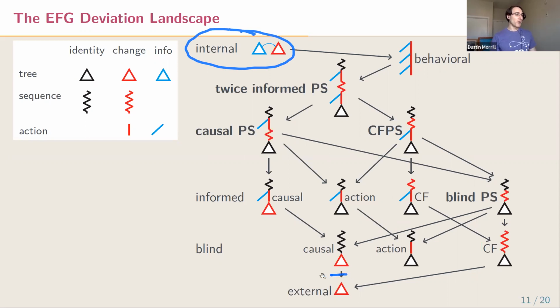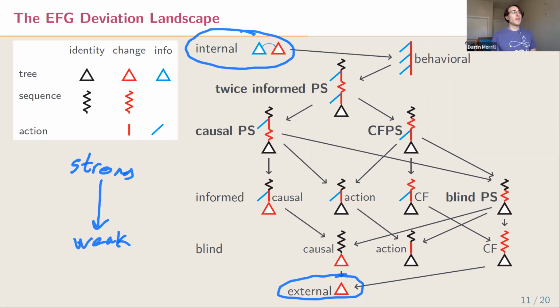At the bottom, we have the external deviations that transform every strategy into one particular strategy. And these form kind of opposite ends of a spectrum of strength. So we have deviation classes that are strong at the root of these arrows, and we have weaker ones at the sink.